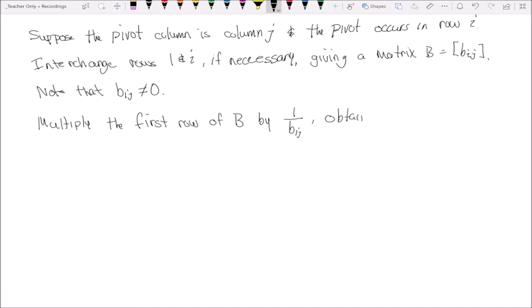This will now give us a new matrix. Call it C. And note that this now guarantees that C1J is equal to 1. Now, if B1J is already 1, then this step is not really needed.